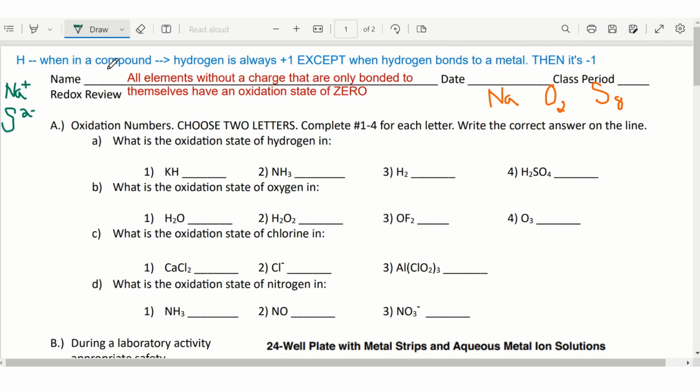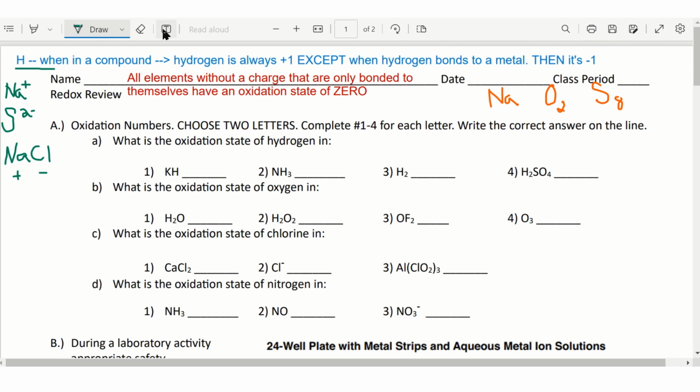And then in general, in any compound, so I'll just write NaCl, the first element will have a positive oxidation state, and the last element will have a negative oxidation state. However, remember this rule about hydrogen, because that can override that.